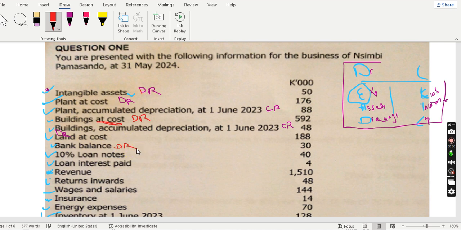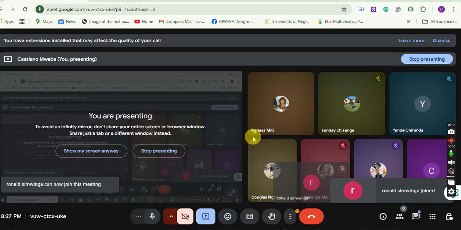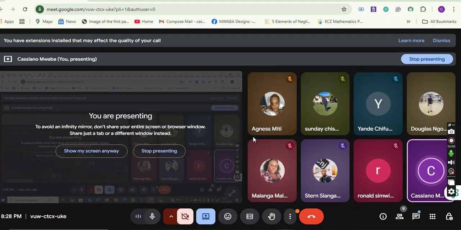Okay, 10% loan notes. This is Nkongole, okay? Whenever you hear loan notes, just think Nkongole, okay, colleagues? So if it's Nkongole, where is it going?